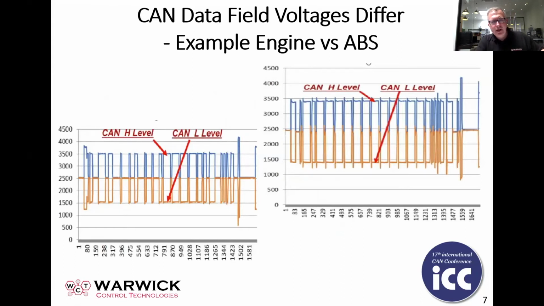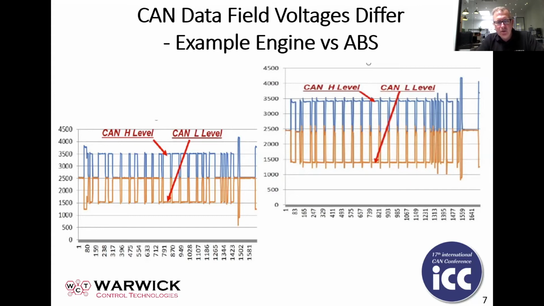And then this picture gives an example of how it differs between two different networks. This is taken from a passenger car, and on the left-hand side we've got one particular ECU. I think one is an engine and one is the braking ECU. I cannot remember which is which exactly, but that doesn't matter for this purpose.